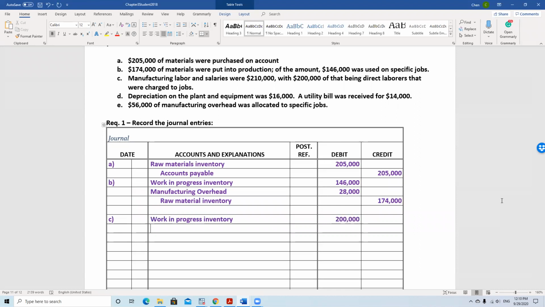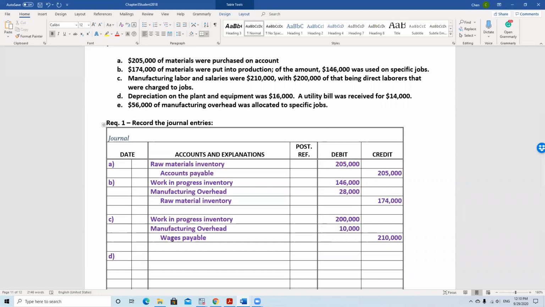And then we also have indirect labor, right? Indirect labor is the difference, 10,000. And then we have what? Wages payable, right? Wages payable, which is 210,000. So this is C. Direct labor, indirect labor. Okay.